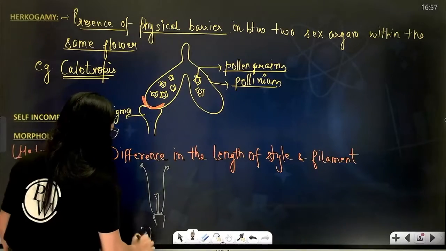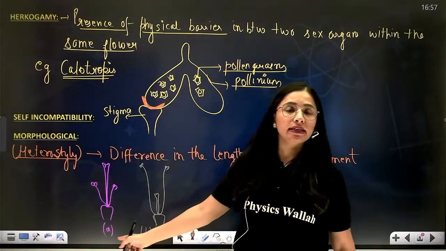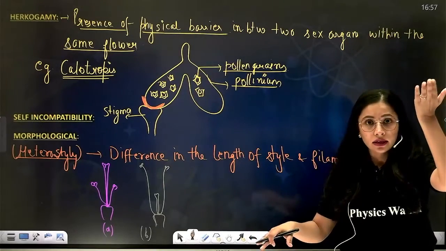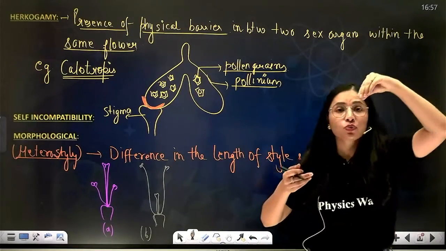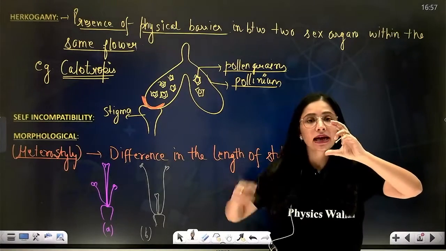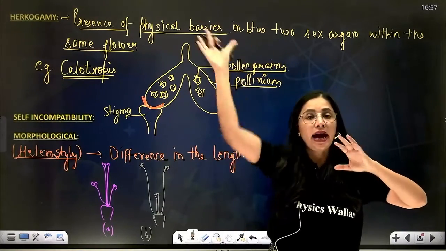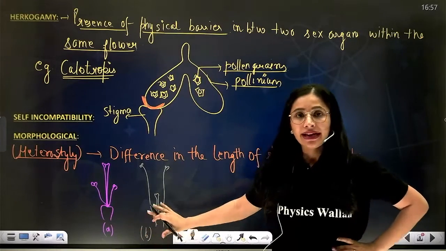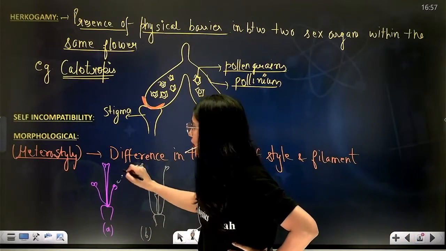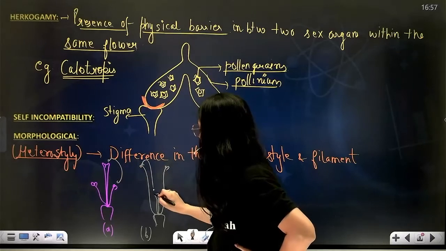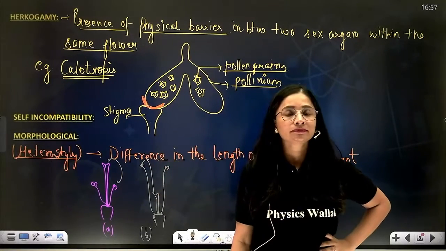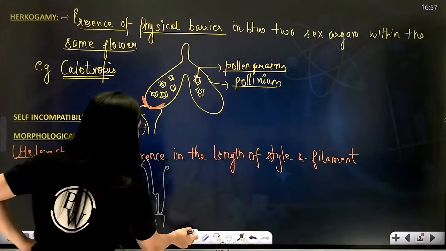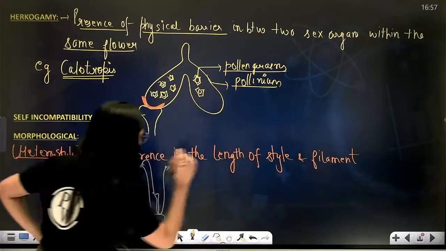Now you can see in condition A, the stigma is quite high compared to the anther. In condition B, the stigma is very low because of the small style, and the filament is long, so the anthers are very high. Now, even after being bisexual, it is very difficult for them to show self-pollination. Rather, due to so much difference in their length, they will prefer cross-pollination.